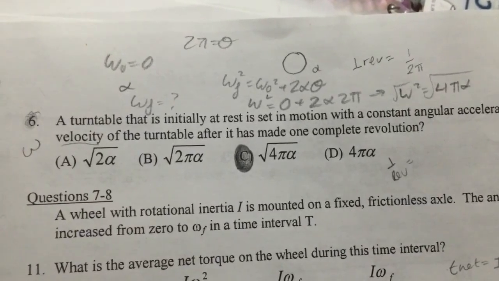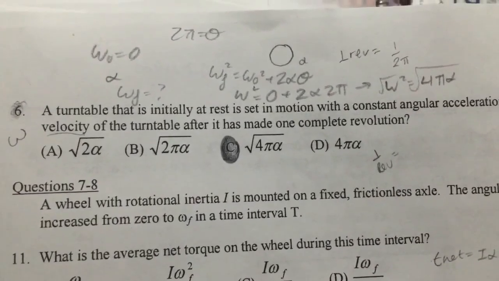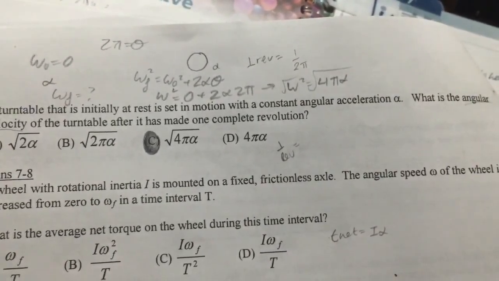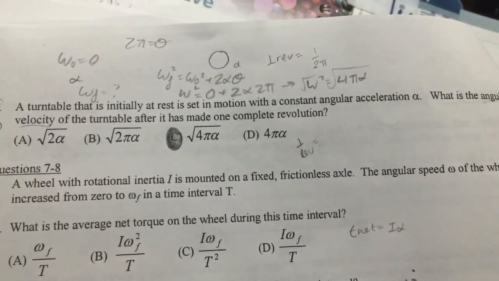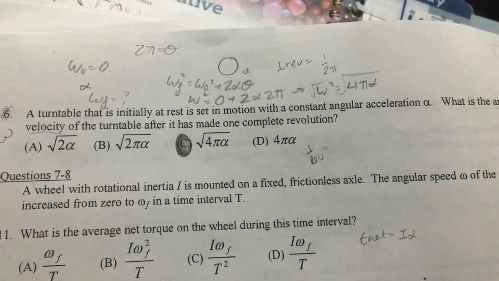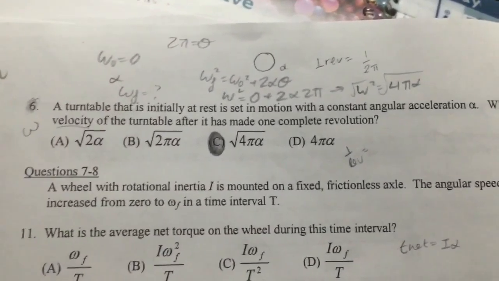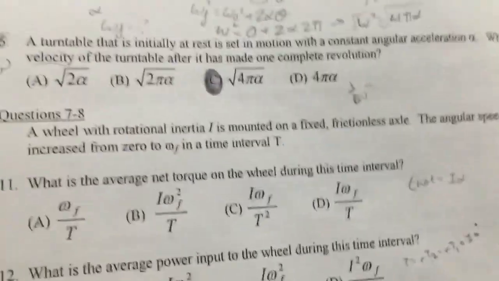A turntable that is initially at rest is set in motion with a constant angular acceleration. What is the angular velocity of the turntable after it has made one complete revolution? So let's do this.